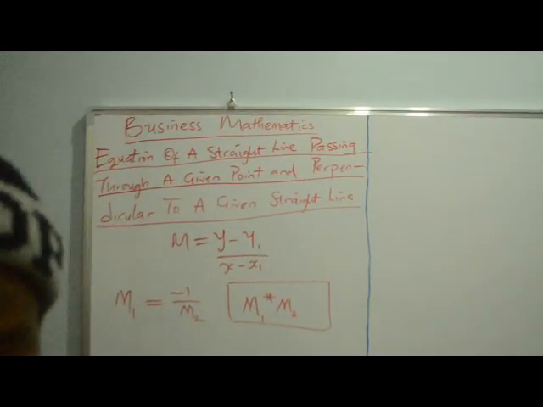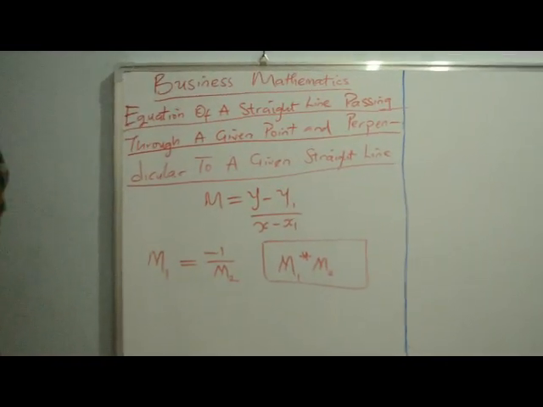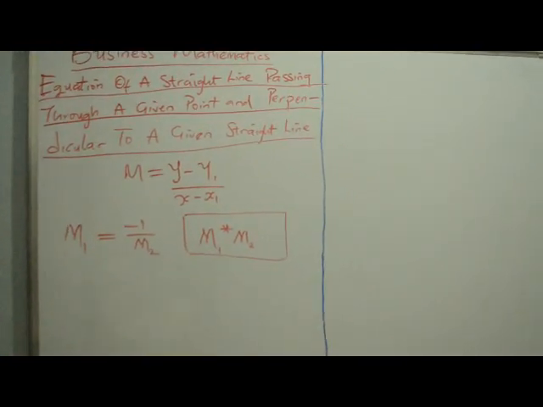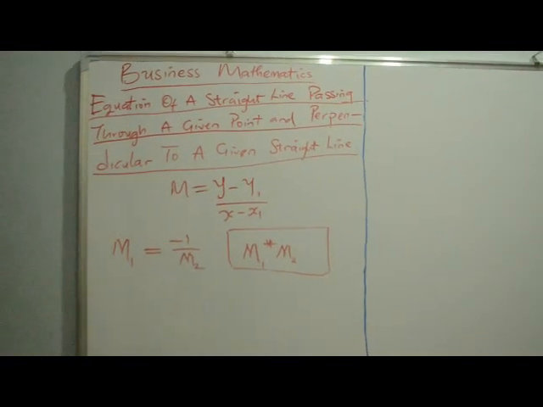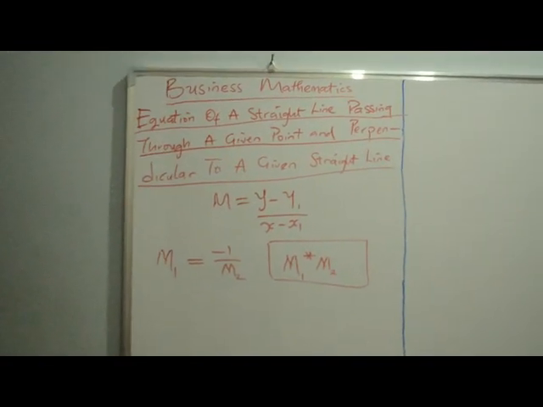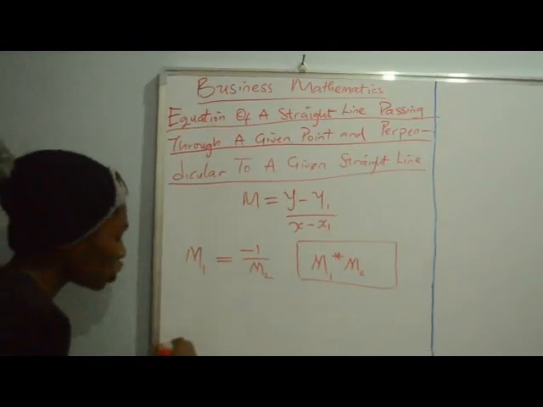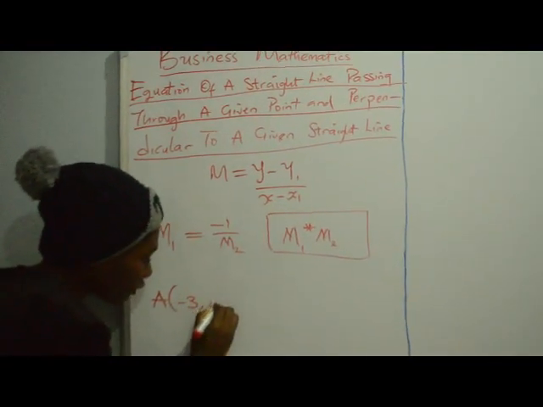Given that we are asked to determine the equation of a straight line passing through A(-3, 4) and perpendicular to the line 2y + 6x = 7. So the straight line was passing through a point. The point was A, we have -3 and 4.